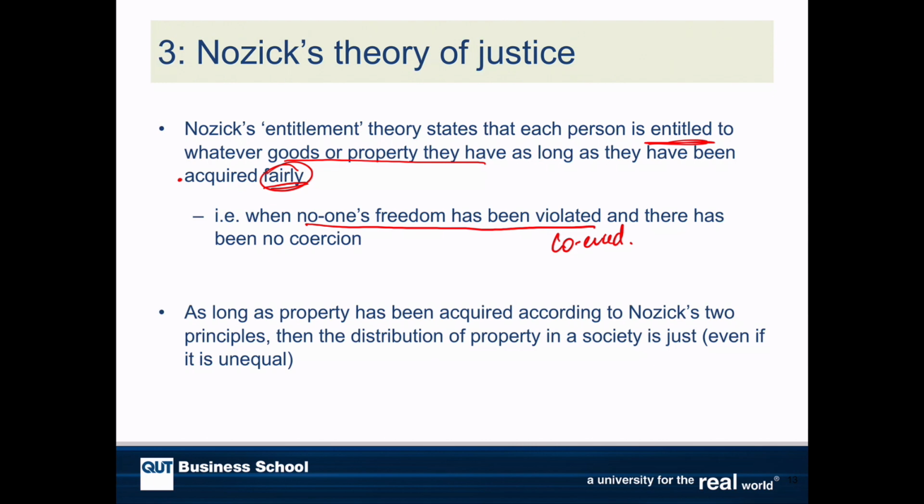As long as property has been acquired according to Nozick's two principles, then the distribution of property is just, even if it's unequal. It's just irrespective of the outcome, because people have freely entered into these exchanges.